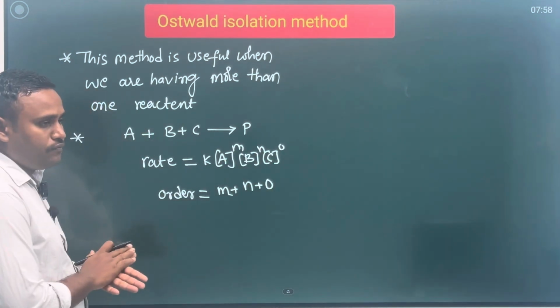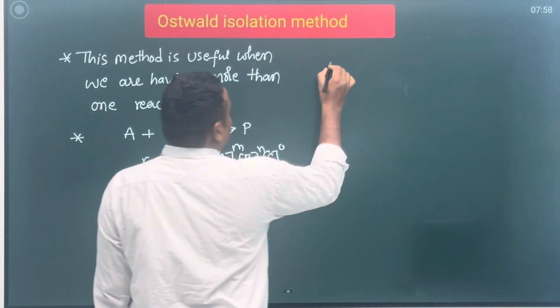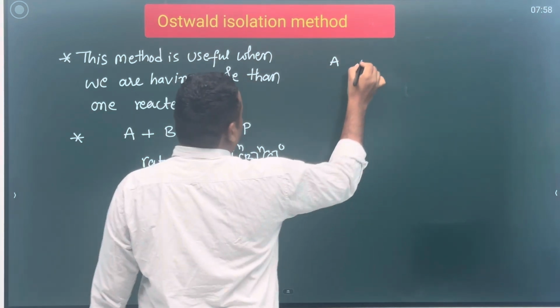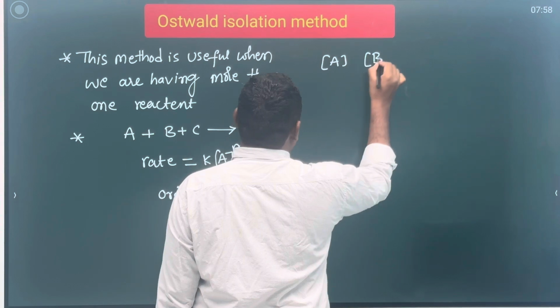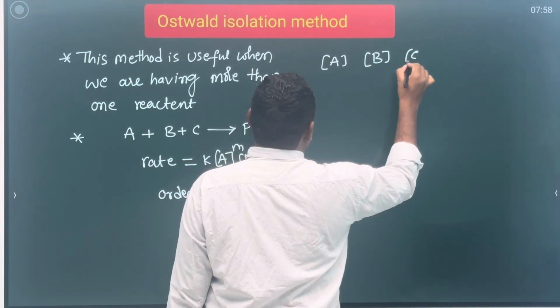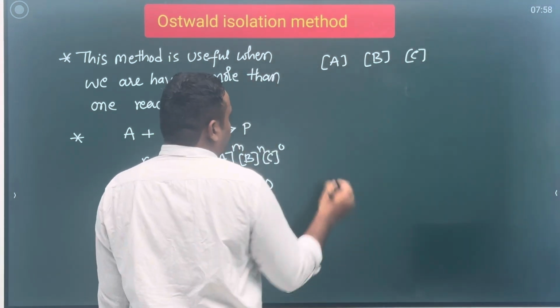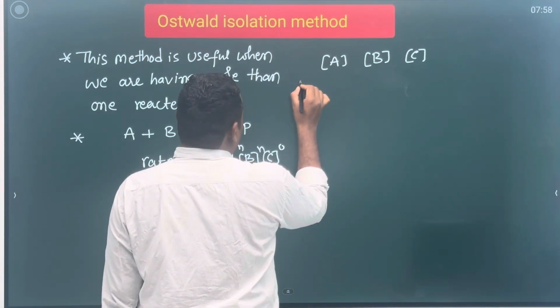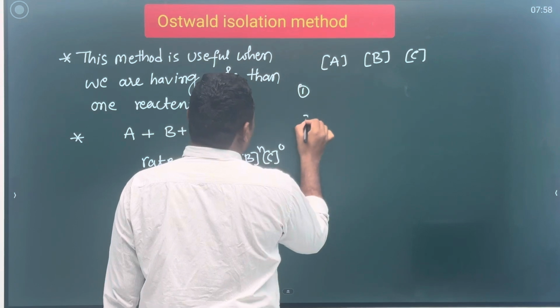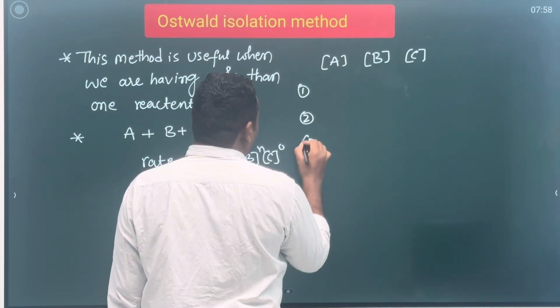Okay. So how do we find only the M value? To find the M value, we take the A concentration, B concentration and C concentration. We do several experiments, like experiment 1, 2, 3, 4.